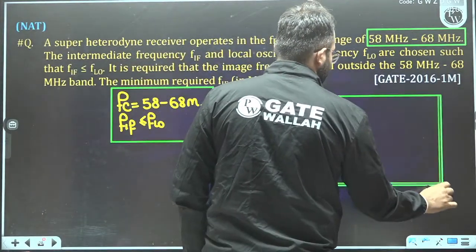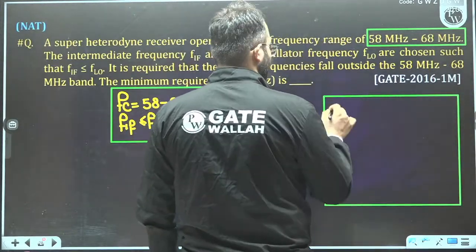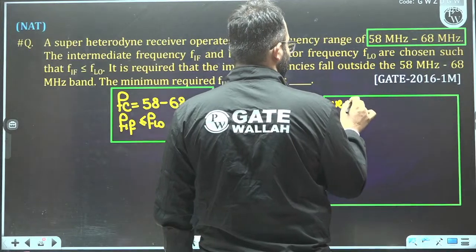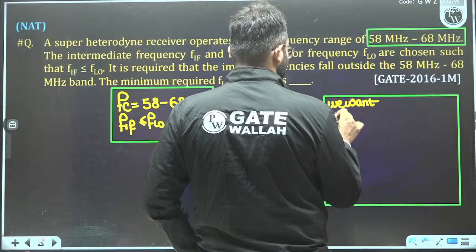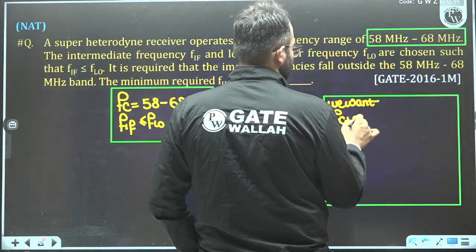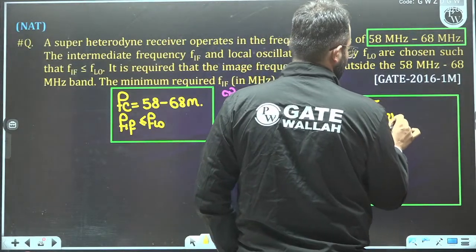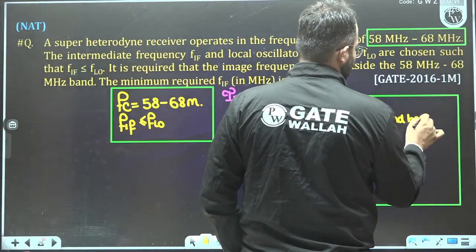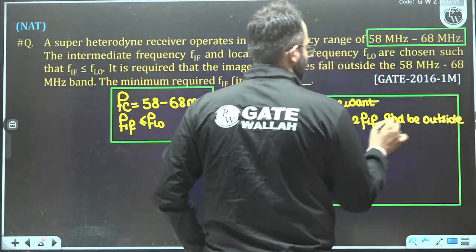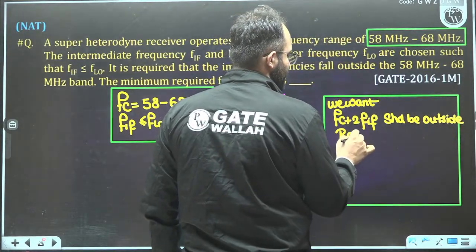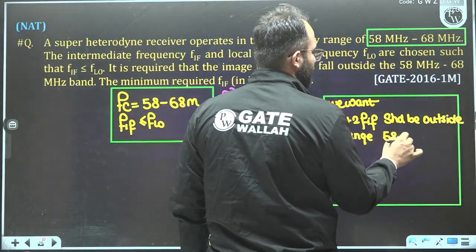We want that Fc plus 2 Fif should be outside of the range of 58 to 68 megahertz.